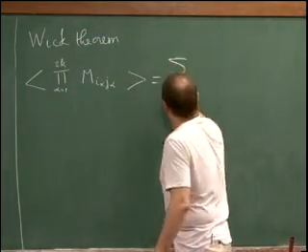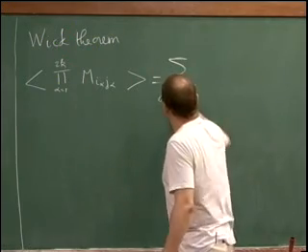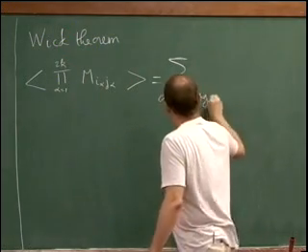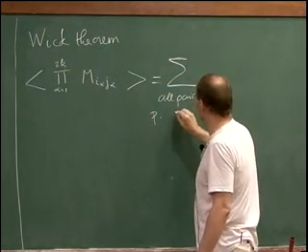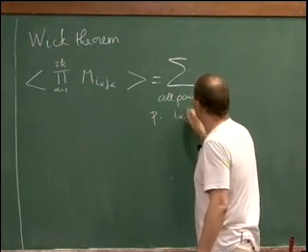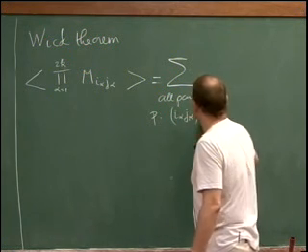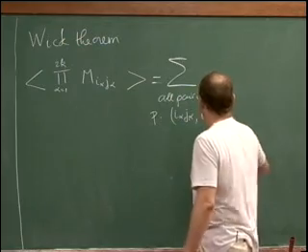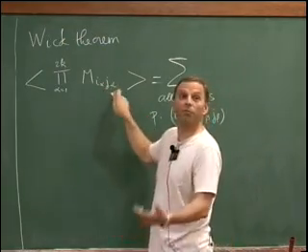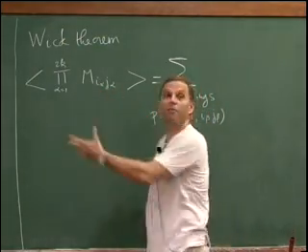And now it's a sum over all pairings P in which you just make a pair (i_α, j_α) and (i_β, j_β). Or if you want, you just take pairs of elements in this product.